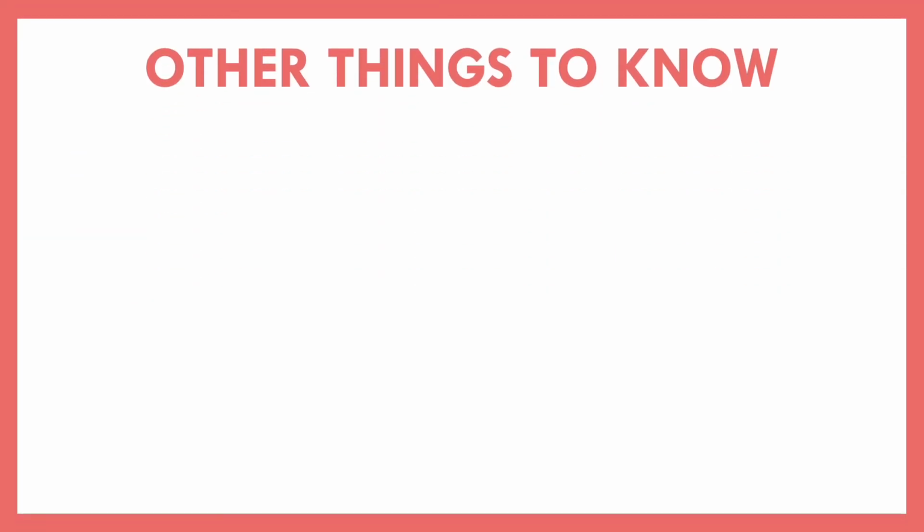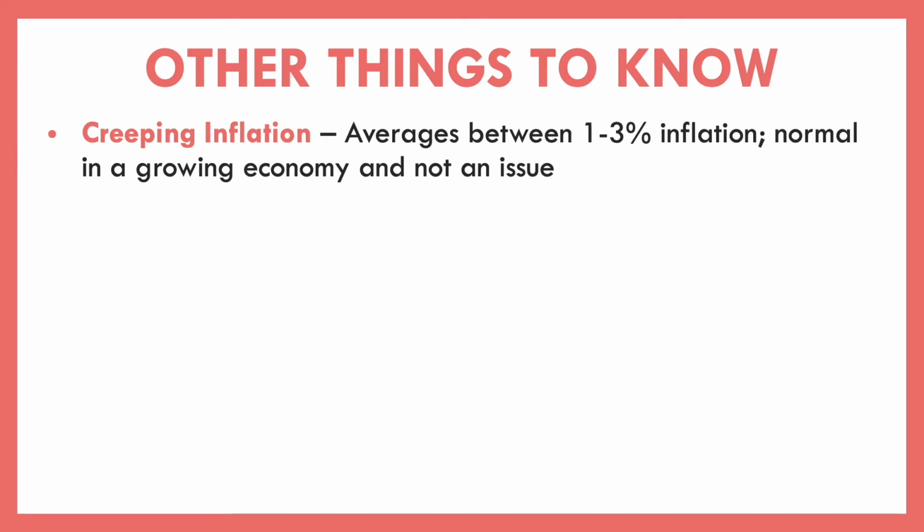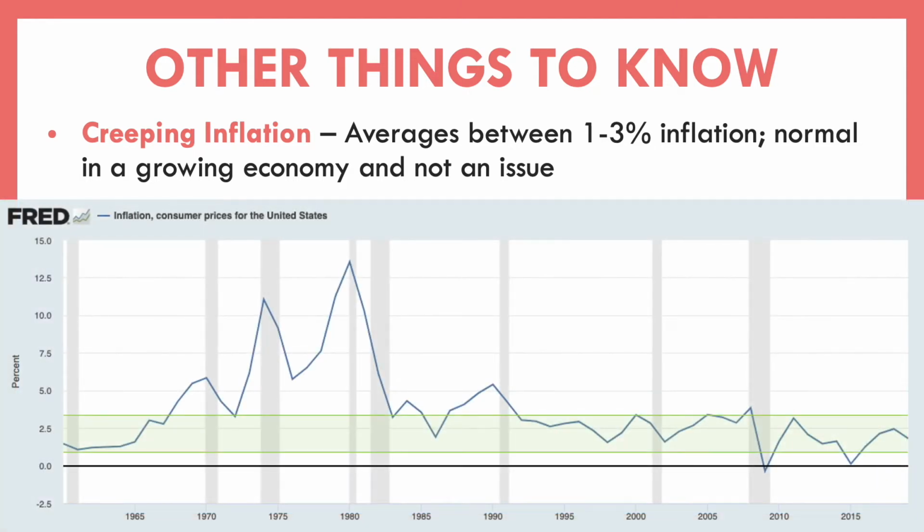Now, a few other things for you to be aware of, a couple of other terms you might hear when it comes to inflation. One is known as creeping inflation. In the United States, we typically experience about 1 to 3% inflation annually, and that's actually normal. It's actually a good thing to happen in a growing economy. If you look at the United States' inflation rates, this is from about 1960 until present day, 2020. If you notice, that green section there represents that span from about 1 to 3%.